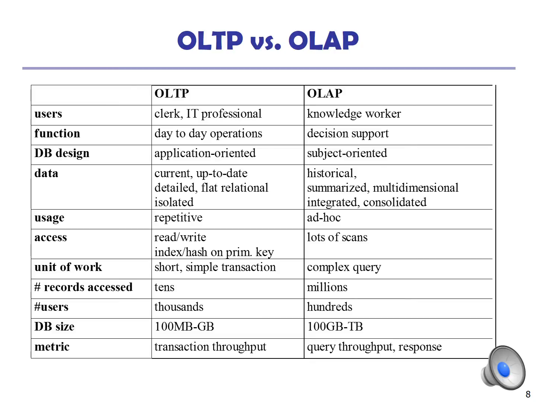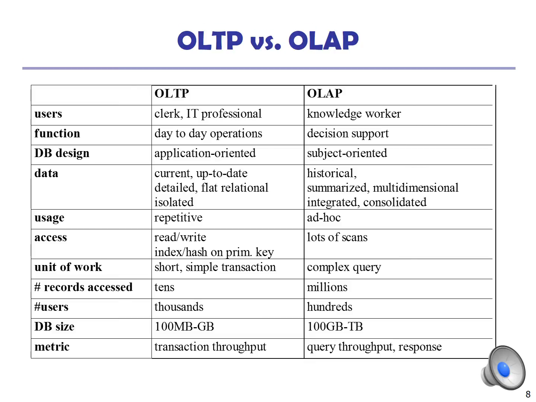So it's basically application oriented. On the other hand, online analytical processing is more subject oriented. It's focused around major subjects like customers, suppliers, sales, products, things like that. We already talked about what subject oriented is.